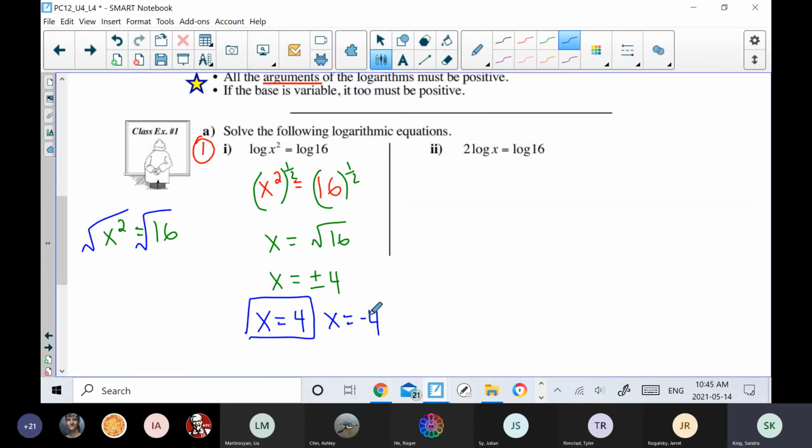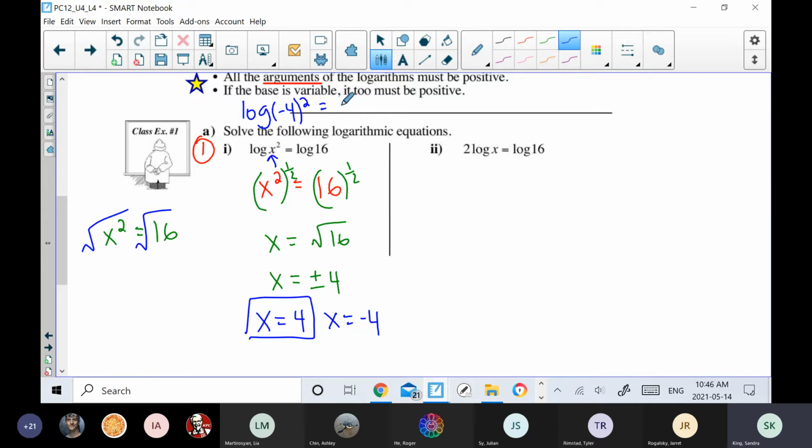Some students want to take this negative and say, oh, this guy's going to be extraneous. But watch what actually happens. Whenever you input a number into a variable, you must input that number in a bracket. So how it would be correct is log of (-4) squared.